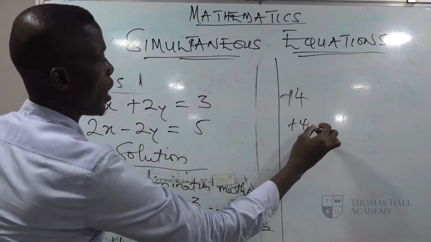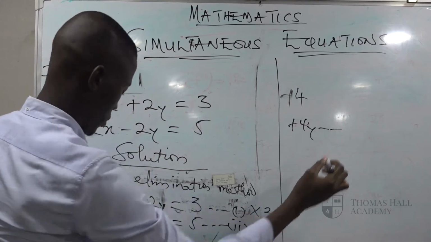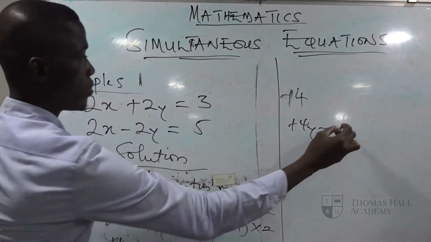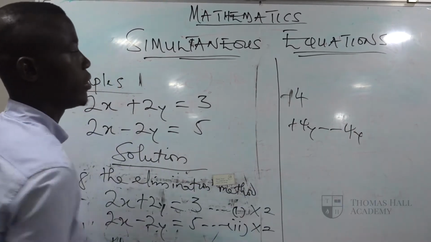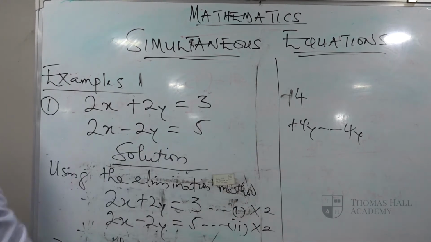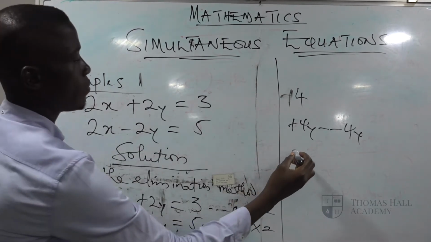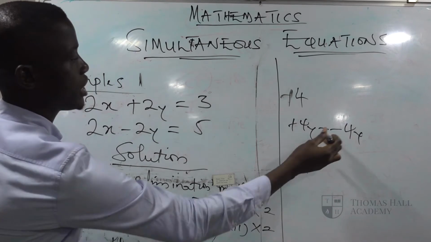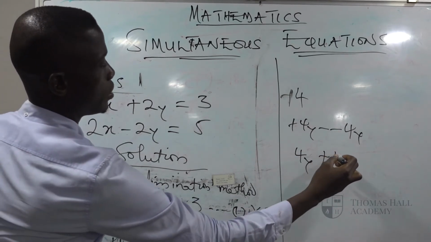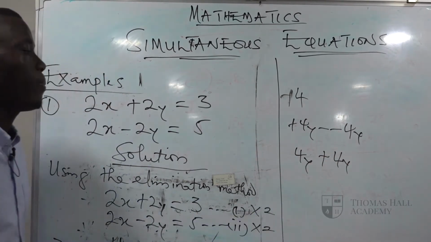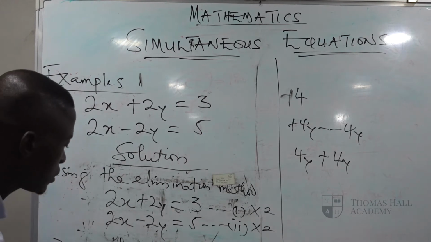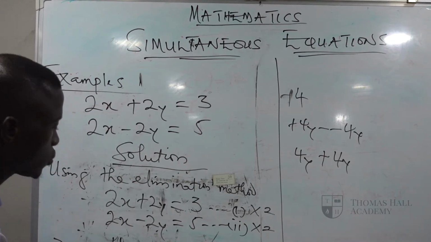Now you have two signs beside each other. Minus times minus gives us plus 4y. So 4y plus 4y gives us 8y equals to.